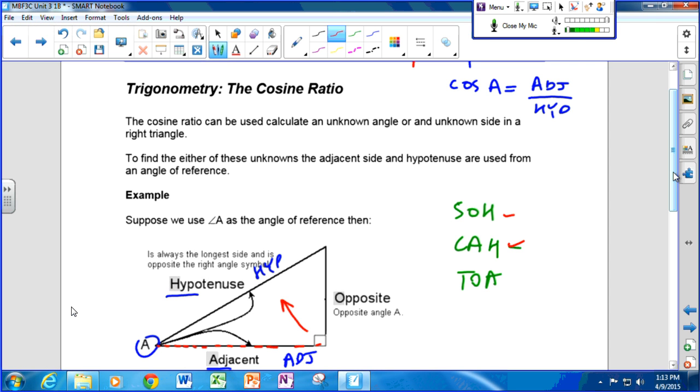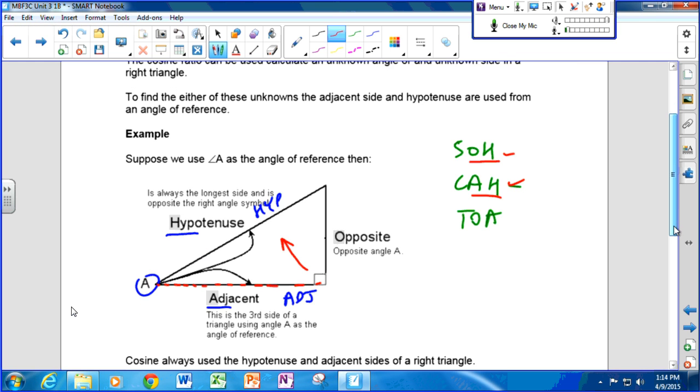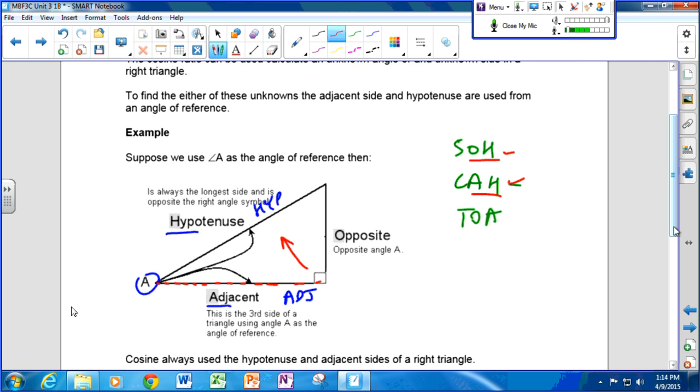Another thing to think about here is that the hypotenuse is the largest side in the right triangle, which means that opposite over hypotenuse and adjacent over hypotenuse will always be less than 1, because the denominator of that ratio is always going to be bigger than the numerator. The hypotenuse is always bigger than the opposite and bigger than the adjacent.